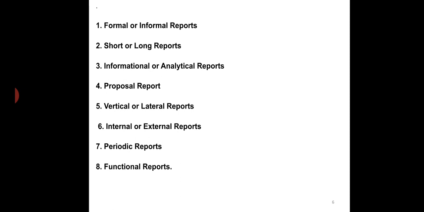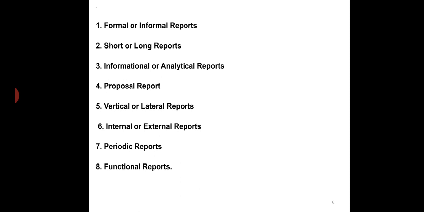Then the next one is periodic report. Periodic reports are issued on a regular basis, so the report is issued regularly with certain gaps, that is every month, or every week, or once in 3 months, likewise.